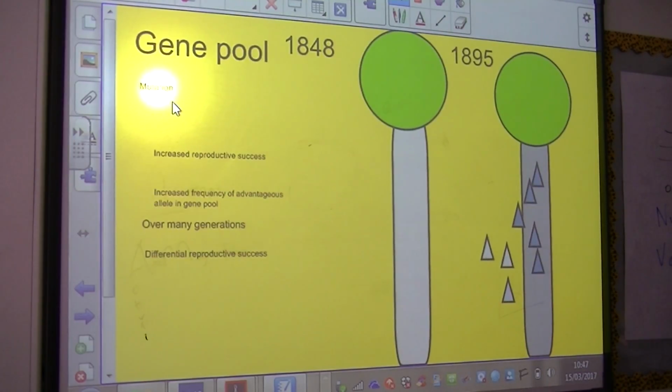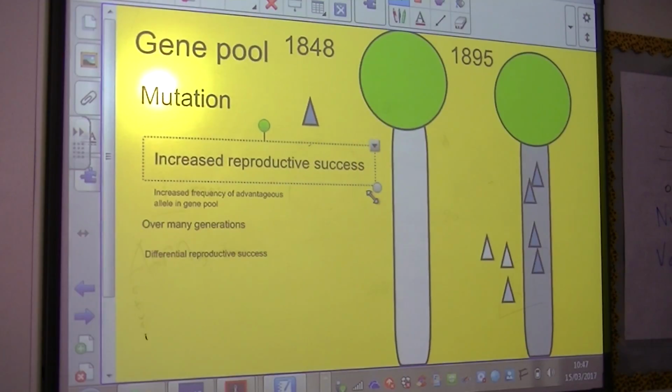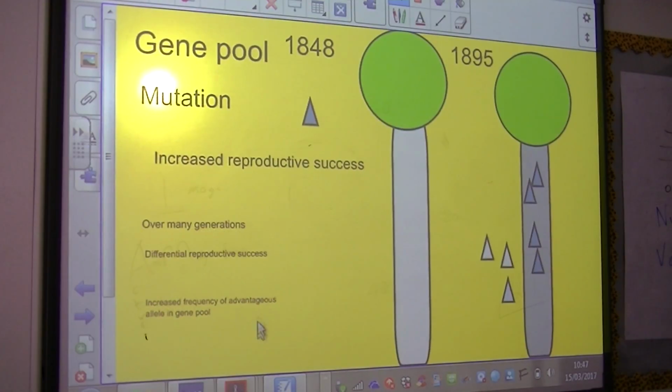Something, and we've talked about this, there could be base mutations or chromosomal mutations, but there is a mutation. Normally that mutation is non-advantageous, but in this instance, the mutation provided an advantageous allele. This advantageous allele led to an increase in reproductive success.